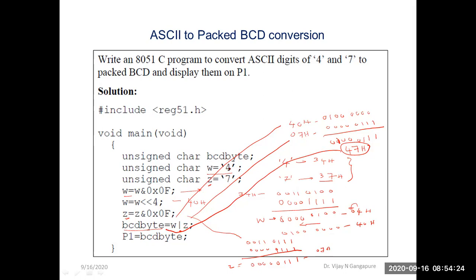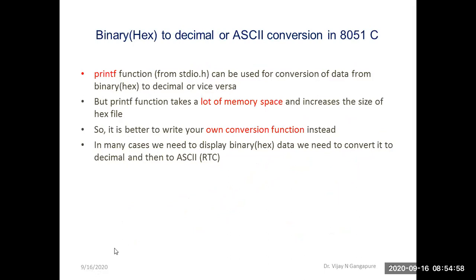Okay, so these ASCII codes in W and Z, that is 34, which is of 4, and 37, which is of 7, we have converted to a packed BCD number, that is 47, and that 47 we are outputting to port 1, because that has been asked, that is, convert ASCII digits 4 and 7 to packed BCD and display them on port 1. So here we are displaying 47 on port 1. In this way we can convert ASCII to BCD, packed BCD.